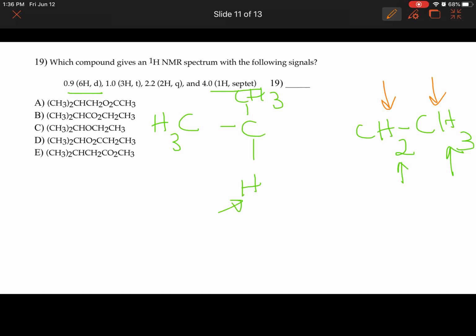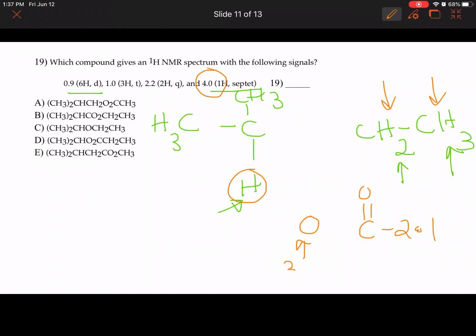Now we need to put them together. That's all we have, and we can also have any other oxygen or carbonyl groups in the molecule. We figured out how they are connected due to the chemical shifts. Now let's look at the one hydrogen septet at 4 ppm, meaning this hydrogen should be closer to an electron withdrawing group like oxygen.